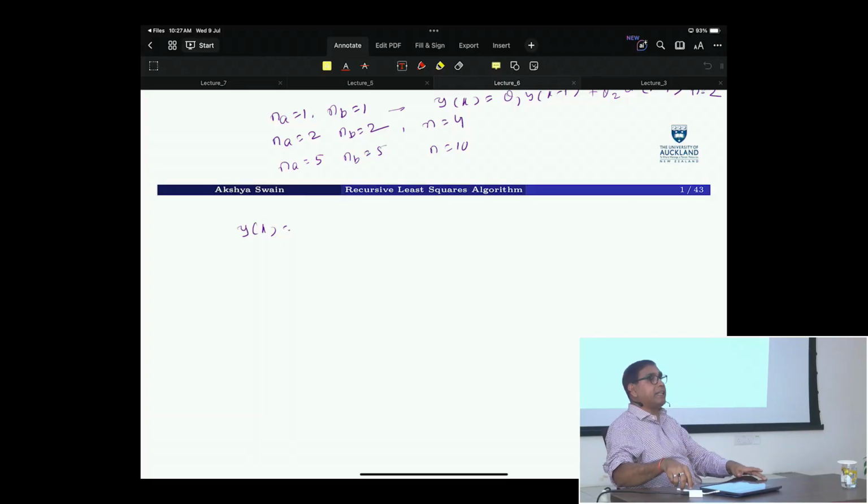Then there is the iddata object in the identification toolbox. Just put it in ARX, ARMAX or anything will do. That type of estimation is called batch estimation, where you use all the data together.